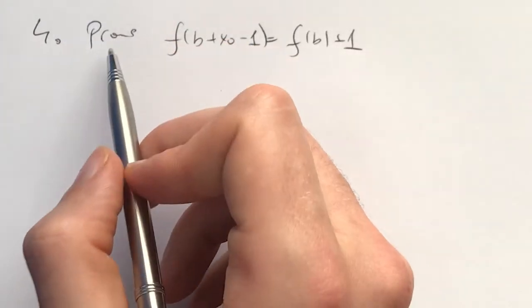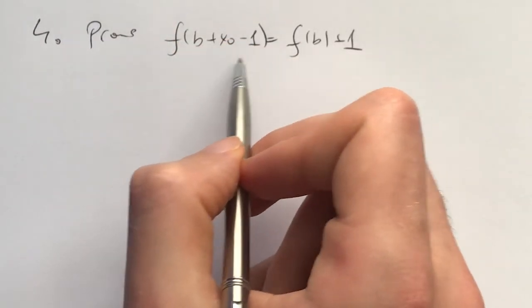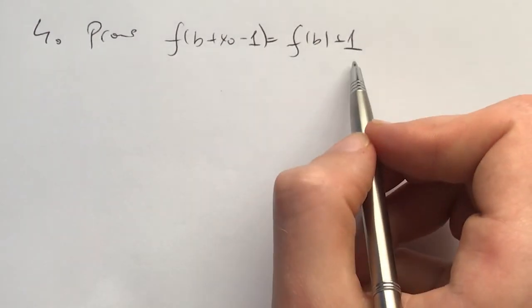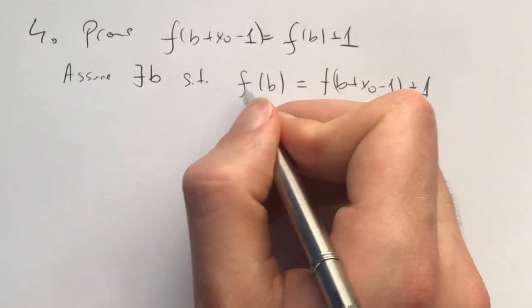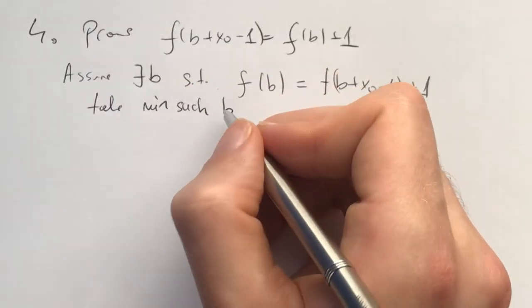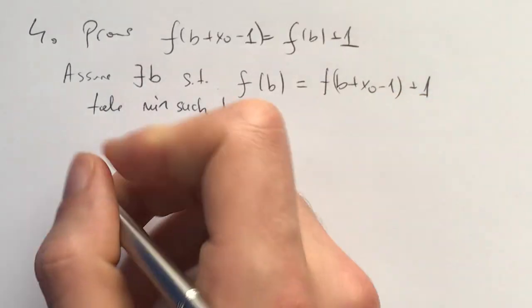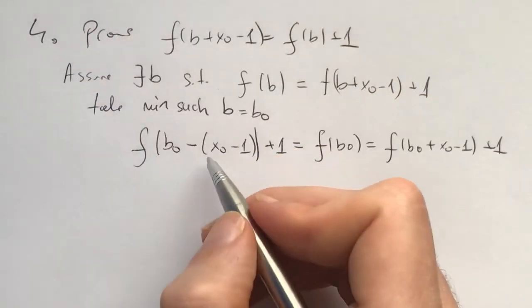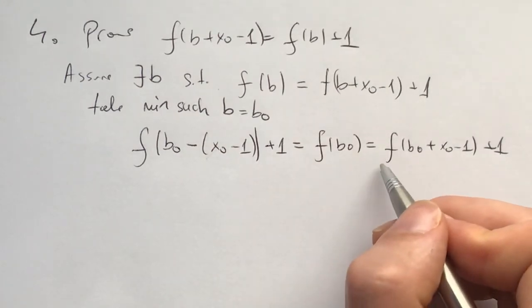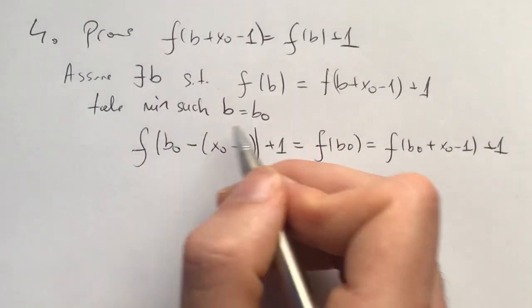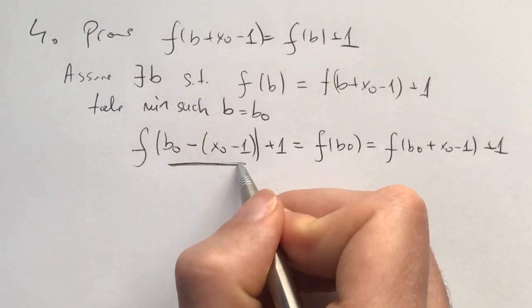And now we prove that f of b plus x0 minus 1 is equal to f of b plus 1. We do this by assuming there's a b such that the converse holds. And now this implies that, taking the minimum such b, let that be equal to b0, we'll have that f of b0 minus x0 minus 1 plus 1 is equal to f of b0, assuming this is in the domain.